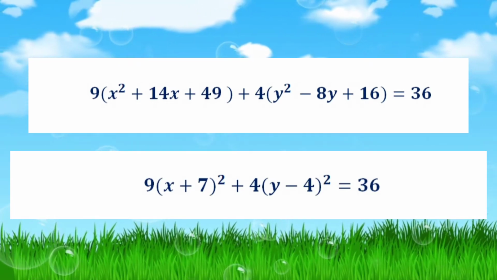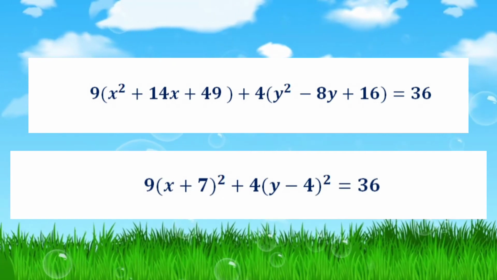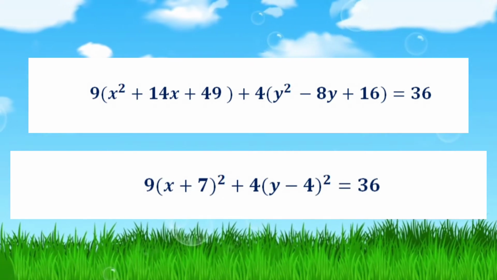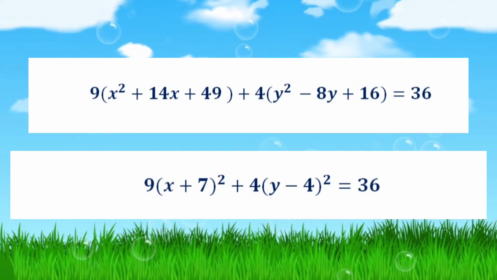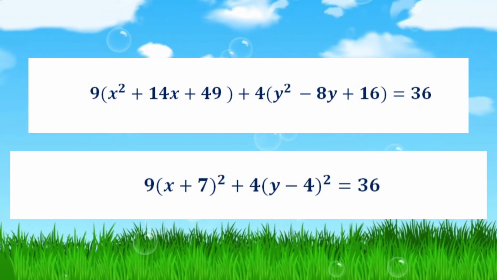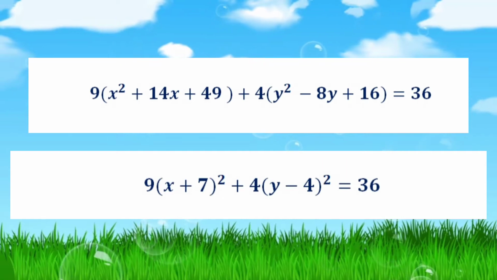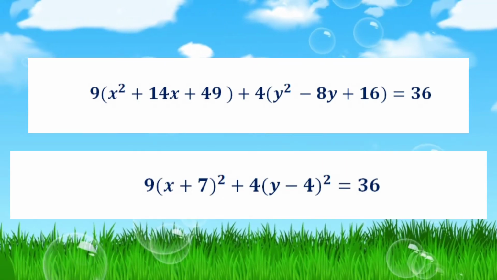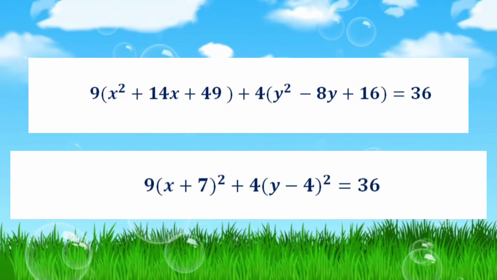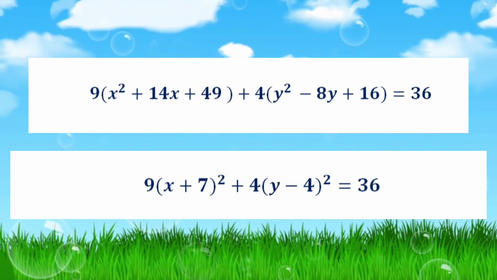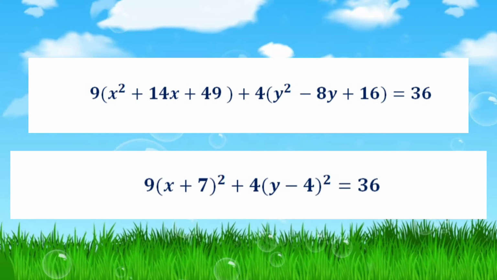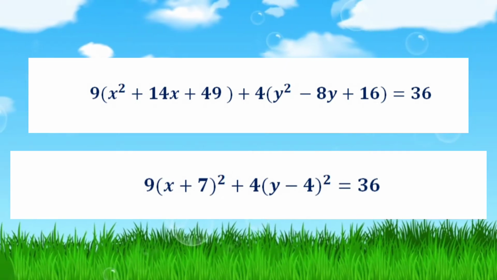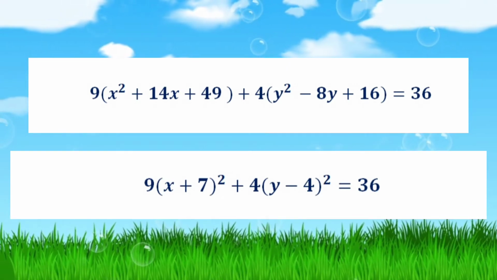The result will become 9 times (x plus 7) squared, because the square root of 49 is 7, plus 4, and then the square root of 16 is 4, so we put 4 inside: 4 multiplied by (y minus 4) squared equals 36.